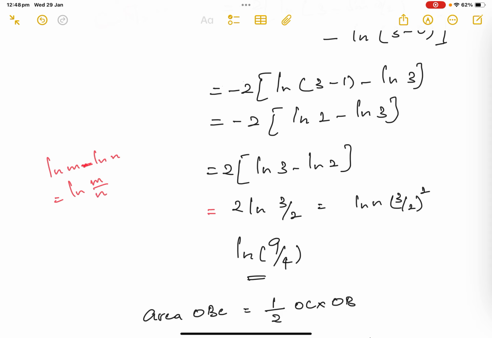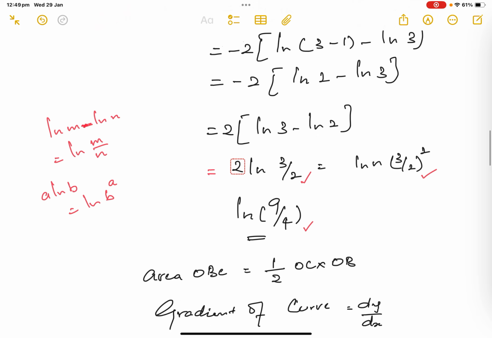And a ln b can be written as ln b to the power of a. So 2 times ln of 3 over 2 becomes ln of 3 over 2 squared, which is 9 over 4. So that is the area of the section above the x-axis done.